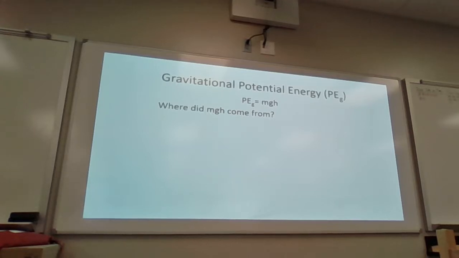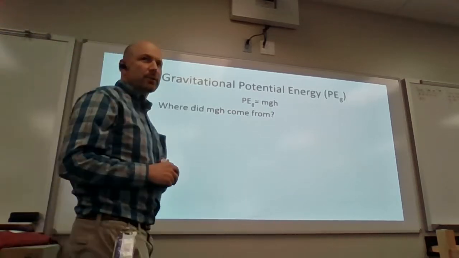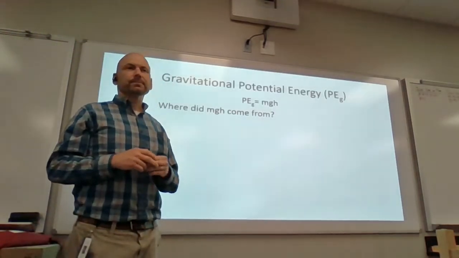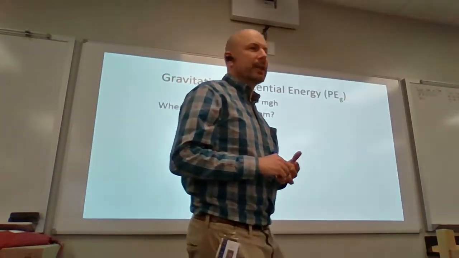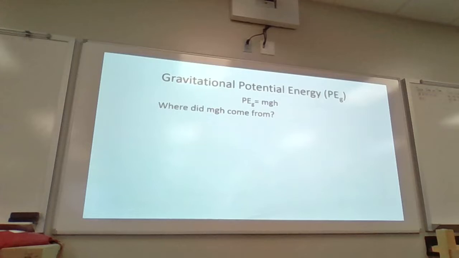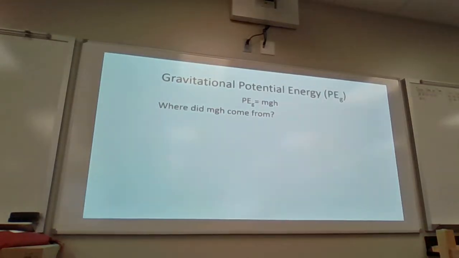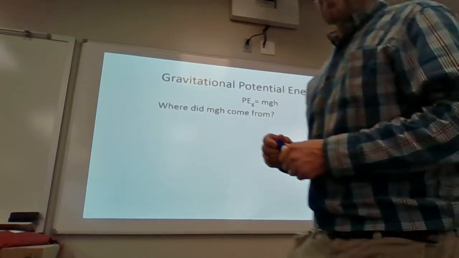So, in the video pre-quiz, you got this equation, gravitational potential energy, mgh. I just want you to know you don't have to recreate this. I'm just showing you, hey, it didn't magically appear. Gravitational potential energy is the potential for gravity to do work.